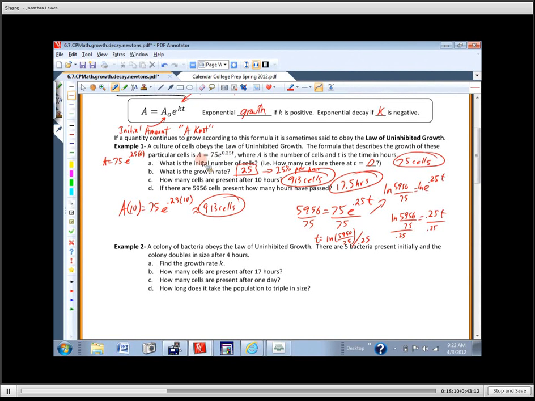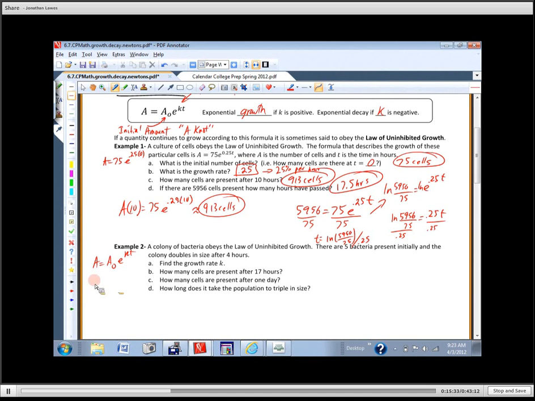Or if they tell us what a is, we can find t. On this problem, we have to come up with the exact formula. Okay, now, it does help us out a little bit. It does say there are 5 bacteria present initially. So if the formula is a equals a naught e to the kt, they did give us, what's the 5? It's the initial amount. It's the a naught.